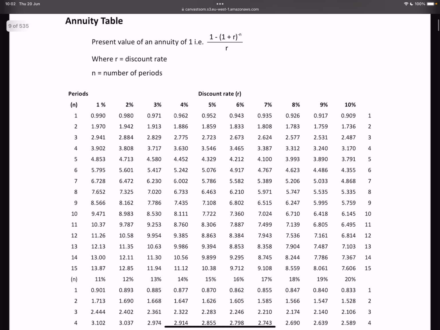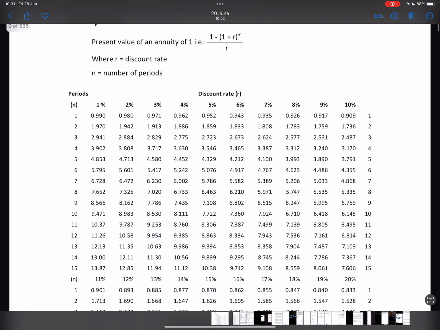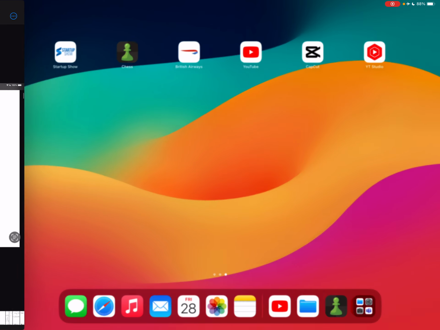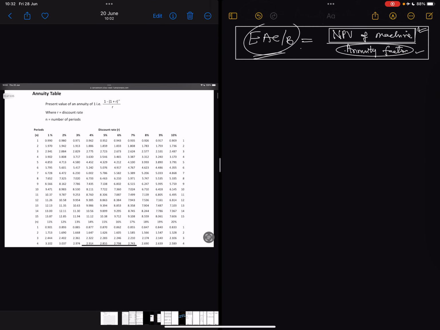So take for instance, if you have $10 per year, and over 2 years at, let's use 10%.